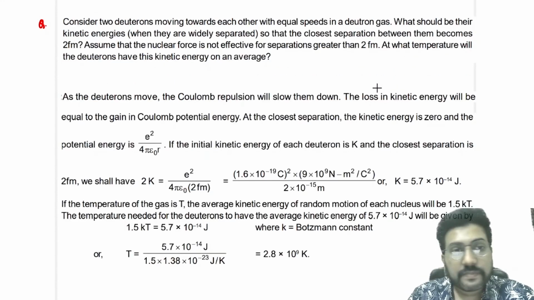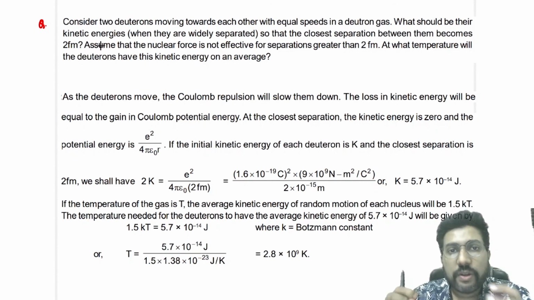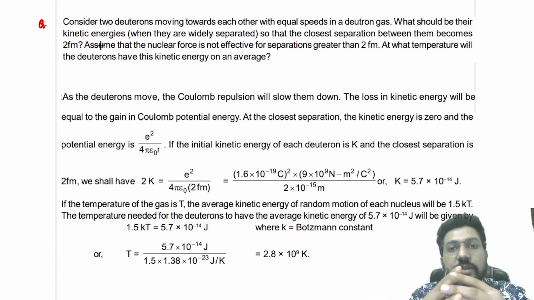In this question they are saying consider two deuterons. So you have two deuterons, that is 2 1H2. They are moving towards each other with equal speed in a deuteron gas. What should be their kinetic energies?